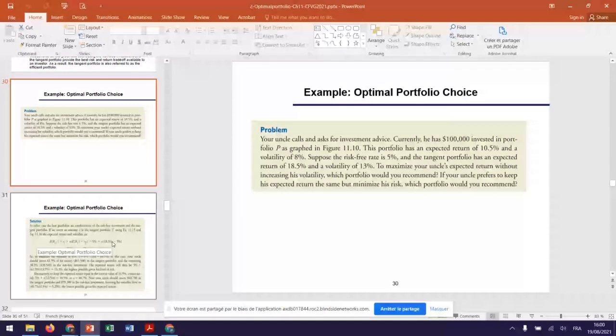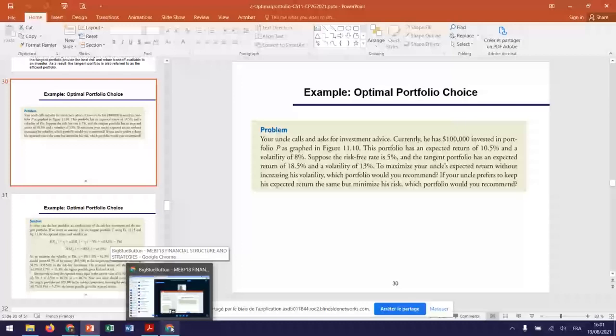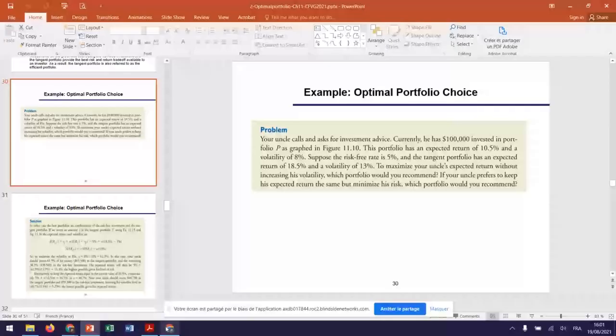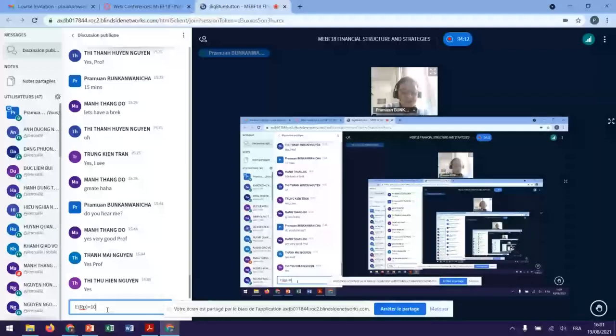Okay, let's read together. $100,000 is invested, and this portfolio has an expected return of 10.5%. Somebody can help me write 10.5%? So it should be the expected return of P equal to 10.5%.